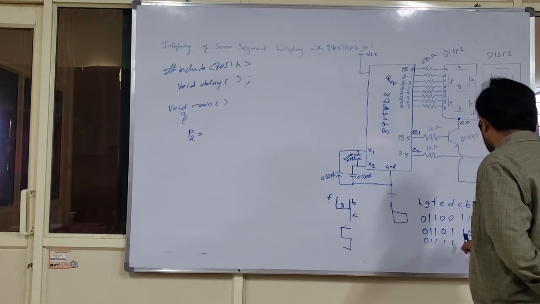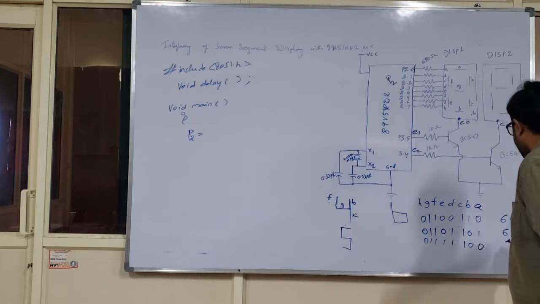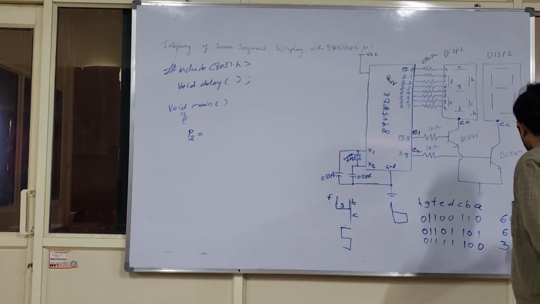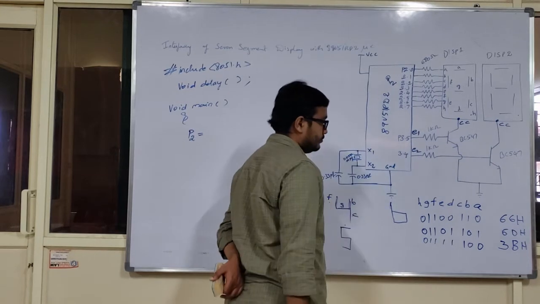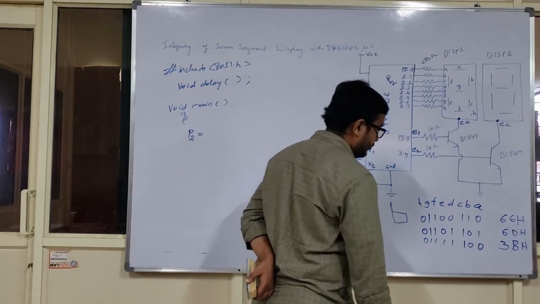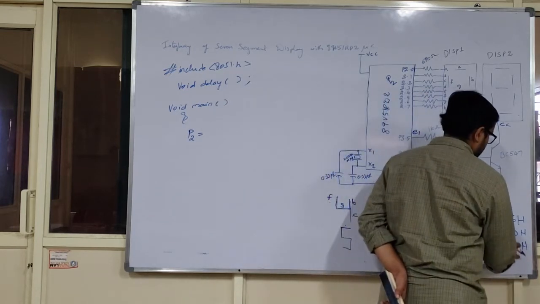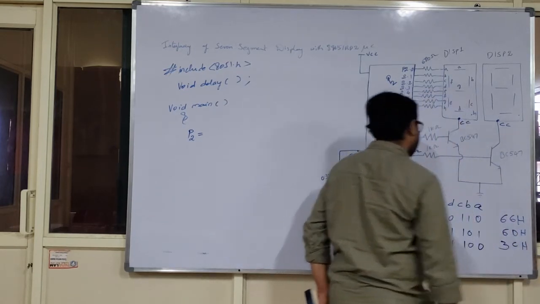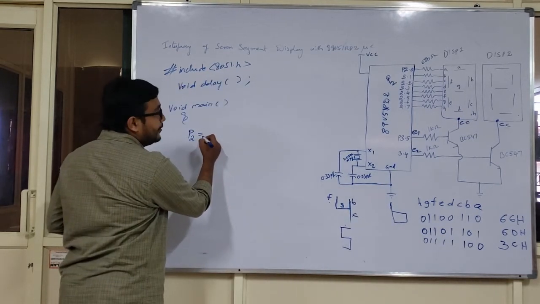So the corresponding hexadecimal value for this one will be 3BH. I think it is 3B, no, it is 3CH.